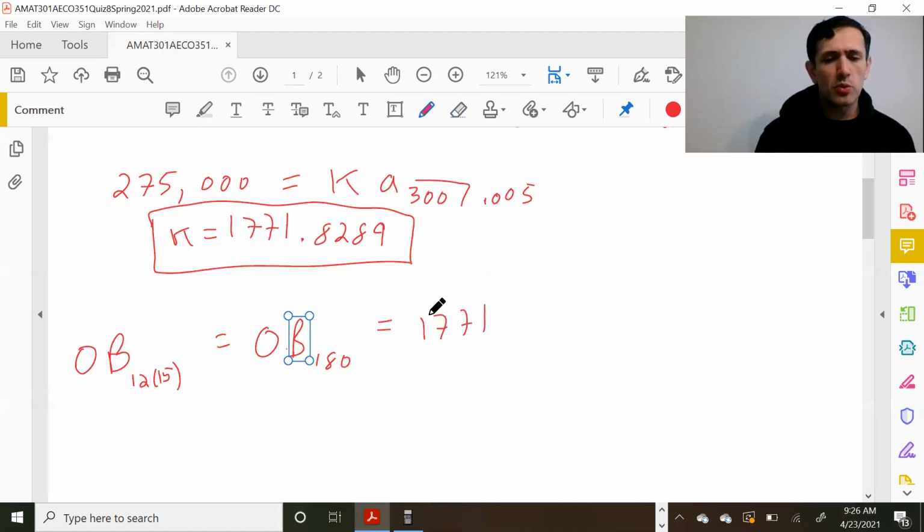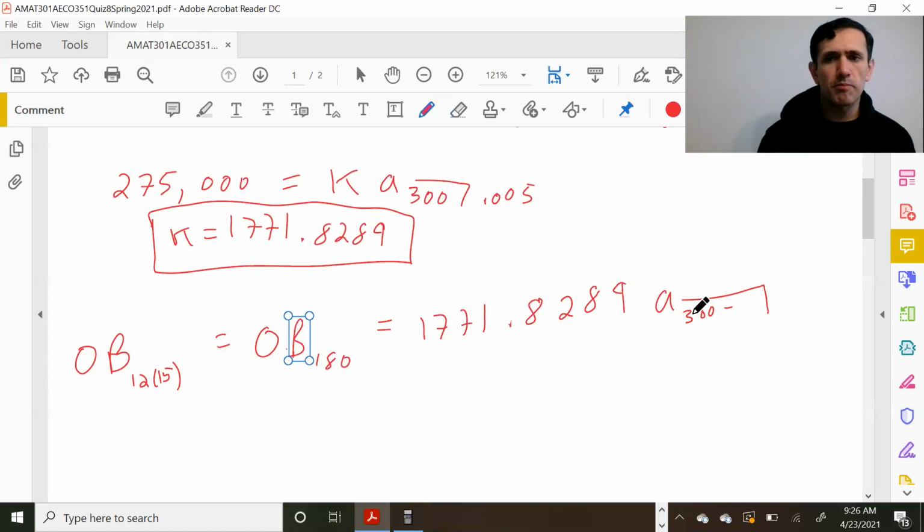Or you could just do, like we've done, the always-going-to-work generic formula: you take the accumulated value of the original loan amount after 180 months minus the accumulated value of the payments. Either way, you get the same answer. This is a little quicker, I think. Remember, the formula uses the original loan.